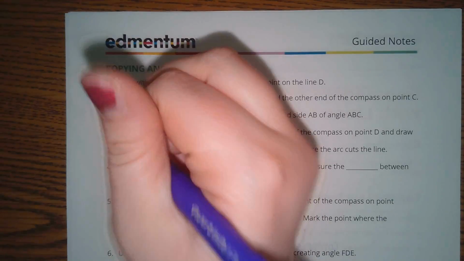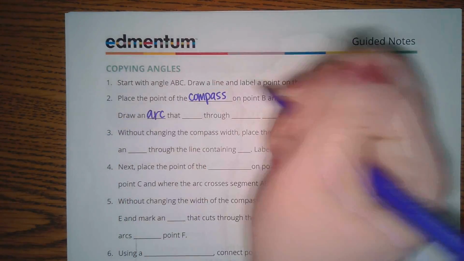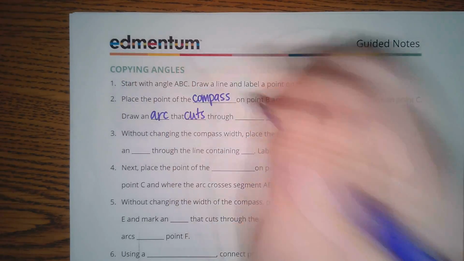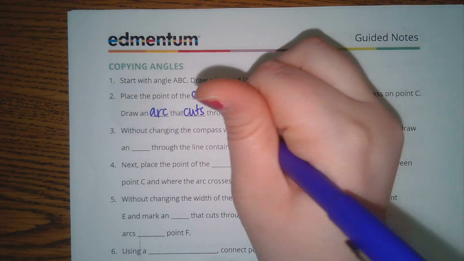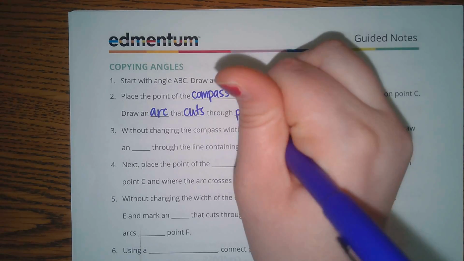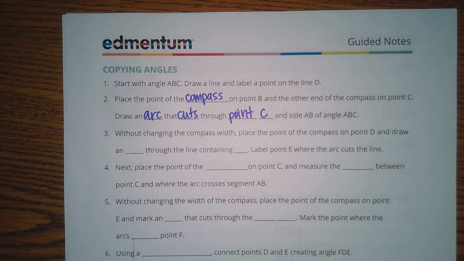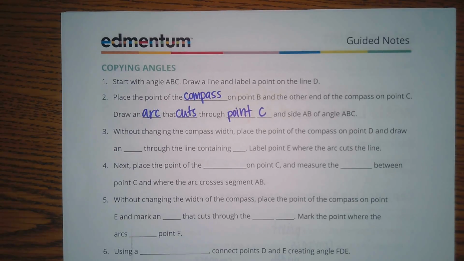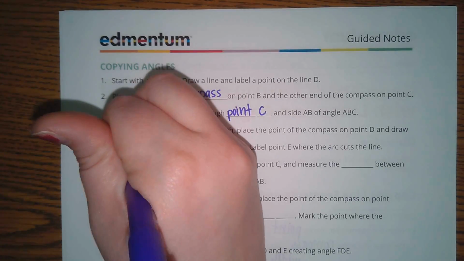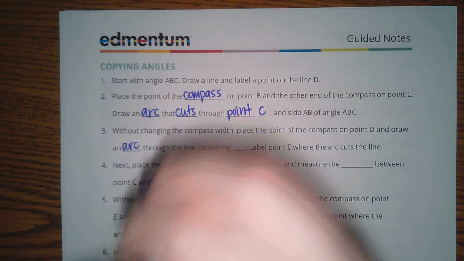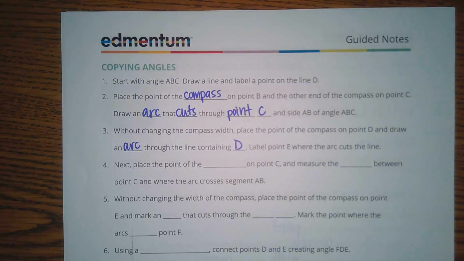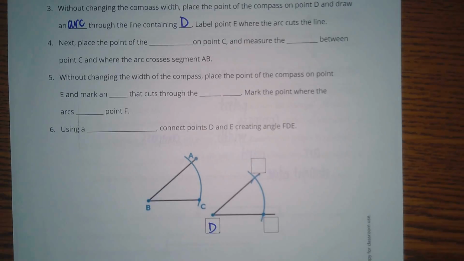Now I'm going to draw an arc that cuts through point C and side AB of angle ABC. Now without changing that width, I want to place the point of the compass on point D and kind of draw a matching arc through the line containing D. And I'm going to label point E where that arc cuts across the line.